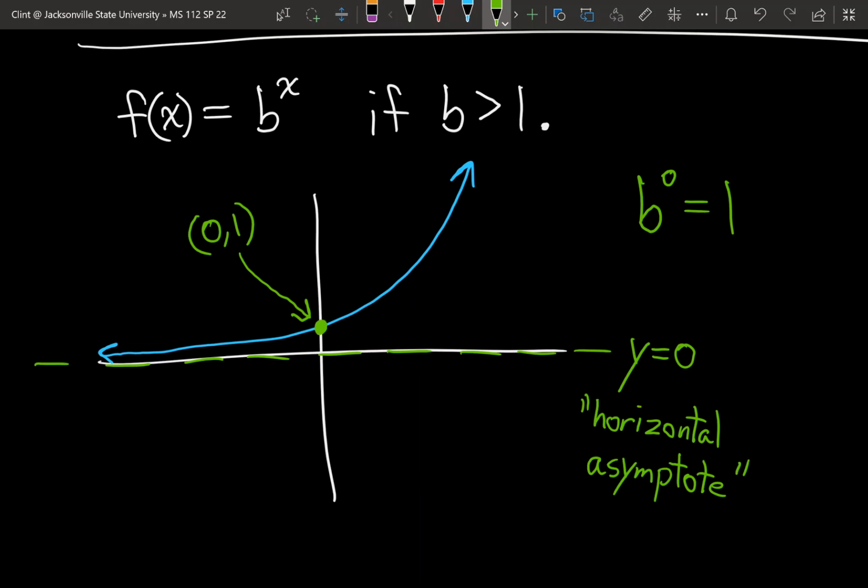All right, and then over here, our y values are getting smaller, because when we raise something to a negative exponent, that turns it into a fraction, right? So we've got fractions over here getting smaller and smaller. So that's the case where our base is bigger than 1.